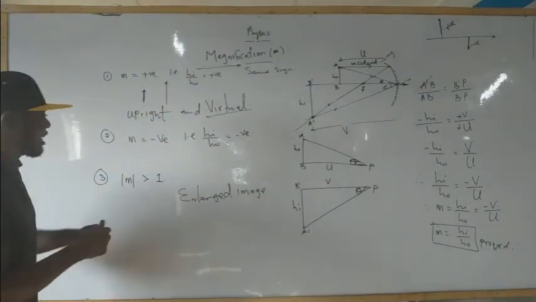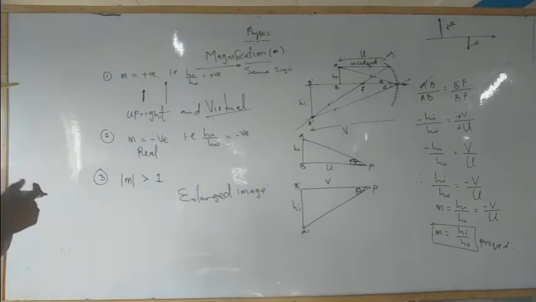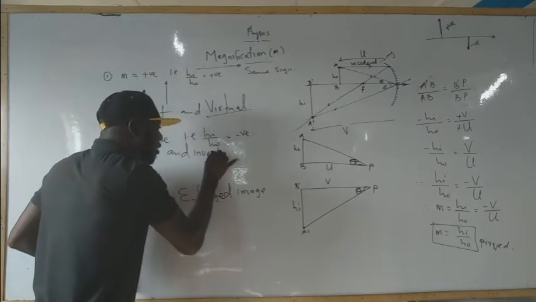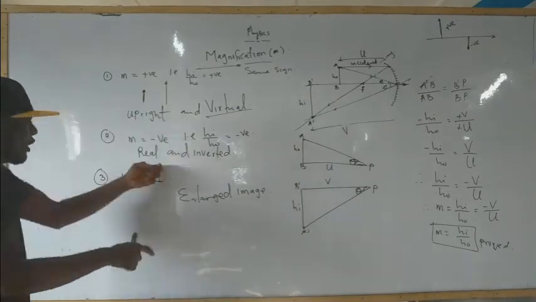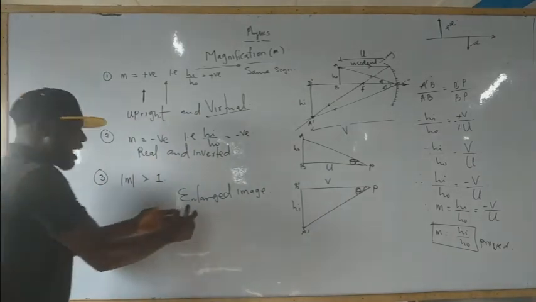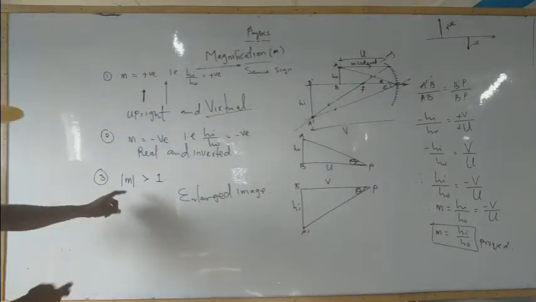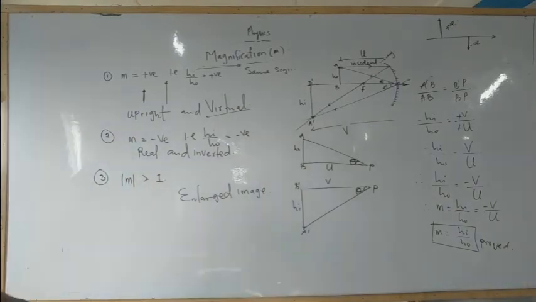What about this? This would be real and inverted. So that would be the nature of the image here: real and inverted, and an enlarged image would be formed. Why? Because the magnitude of the magnification is greater than 1.